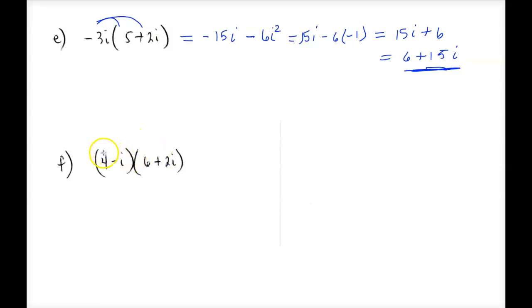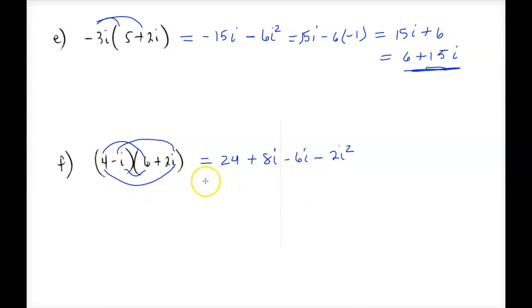For example F, we're just going to do the FOIL method. So 4 times 6 is 24. Outer, 4 times 2i is 8i. Inner, negative 1i times 6, so minus 6i. And then last, we have negative i times 2i. That would be a minus 2i squared.